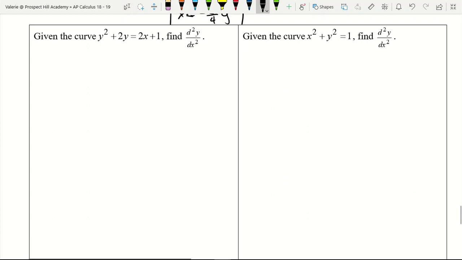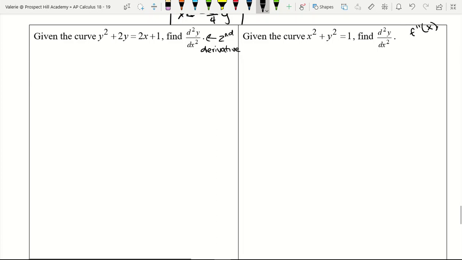So when you see this notation d squared y over dx squared, this is just asking you to find the second derivative. You might also see it written as f double prime of x later on in this unit, but it's also just asking you to find the second derivative.